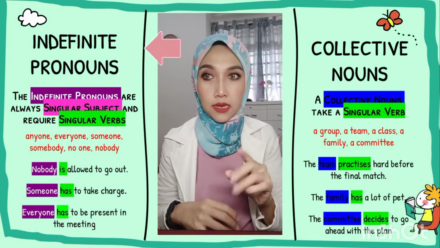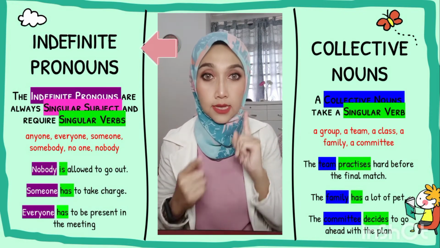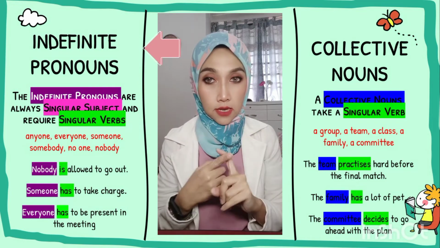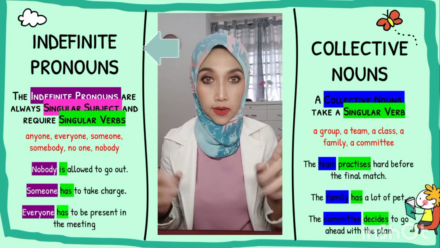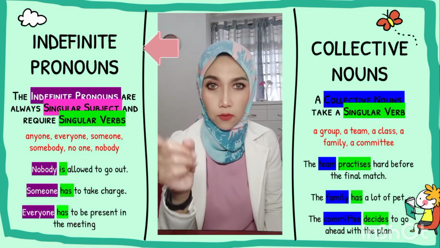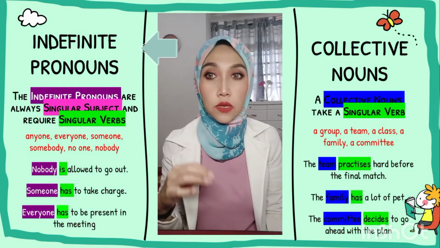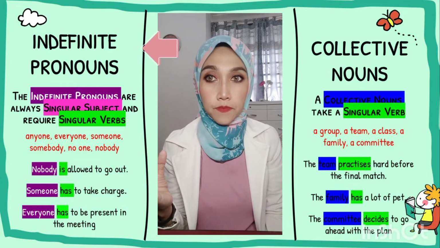Singular means anyone, everyone, somebody dikira sebagai singular subject. Dikira satu. Nobody dikira satu. Someone satu. Everyone, setiap orang, satu. Even in bahasa, setiap orang. One, right? So this is singular, so it will take singular verbs.